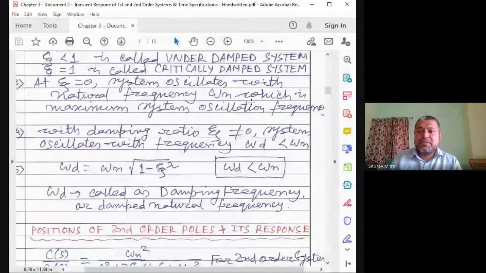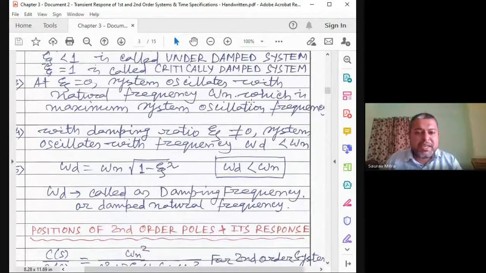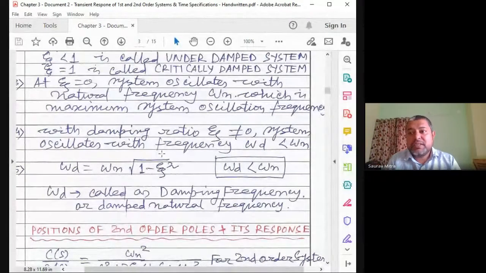Now whenever zeta is in between 0 to 1, at that time also there is an oscillation, and that oscillation is not the same as omega n. It is a little less than omega n. That is a damped oscillation, and zeta in between 0 to 1 is called an underdamped system. In that case, how much is the damped frequency?